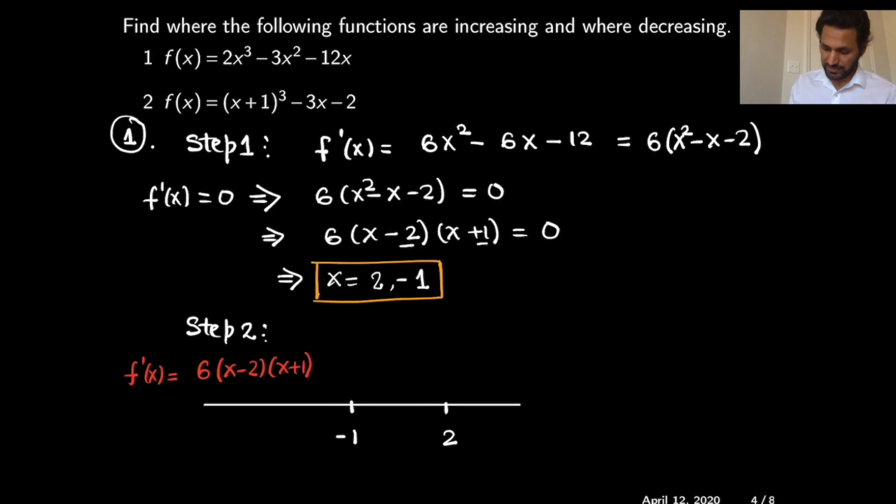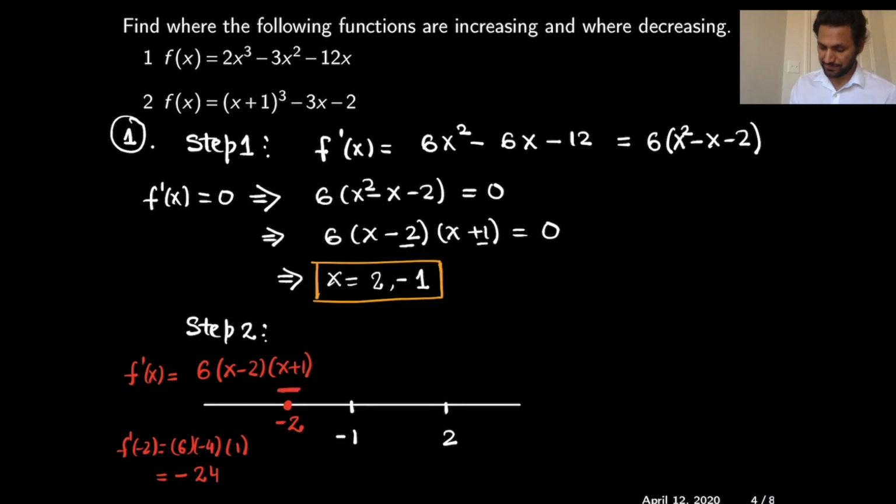If I choose a point here, let's suppose I choose -2 and plug that into the derivative. At -2, I get a -4 for the first factor, so 6 times -4, and if I plug -2 in the other factor, I get just -1. So this is going to be 24, which is a positive number.